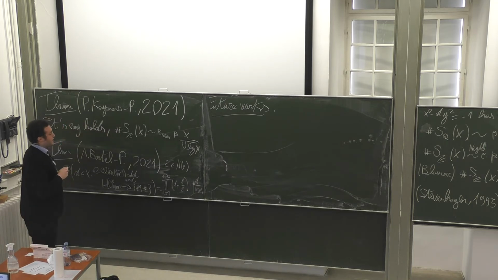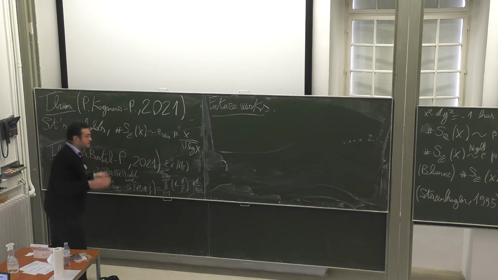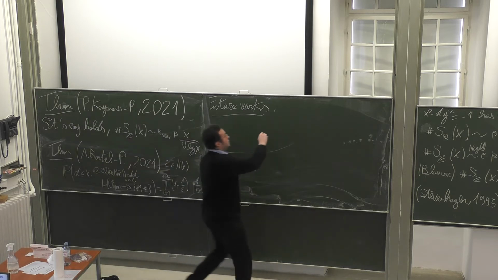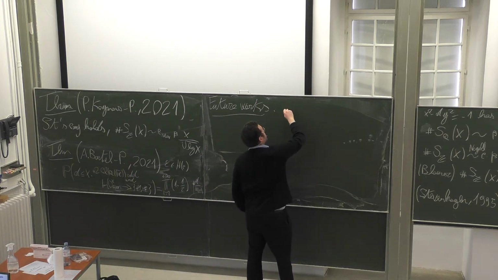But there was a major stumbling block in applying that method to approach Stevenhagen's conjecture, and we expect that with this new technique, you could approach also the following problems that look completely unrelated.